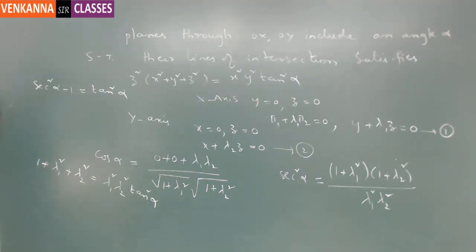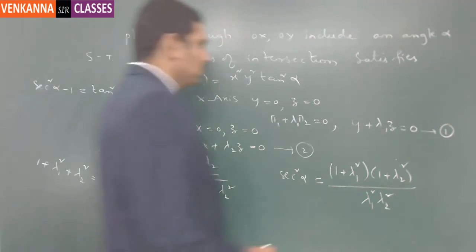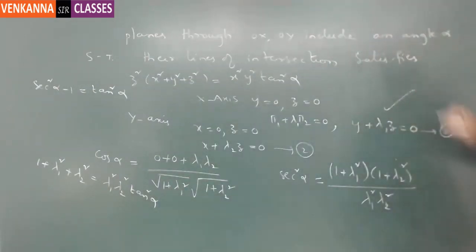Now, if you eliminate or remove the values of lambda 1 and lambda 2 by suitable substitution, that gives the required locus or required condition. If you observe the plane equations we considered earlier, lambda 1 is nothing but minus y by z and lambda 2 is nothing but minus x by z.